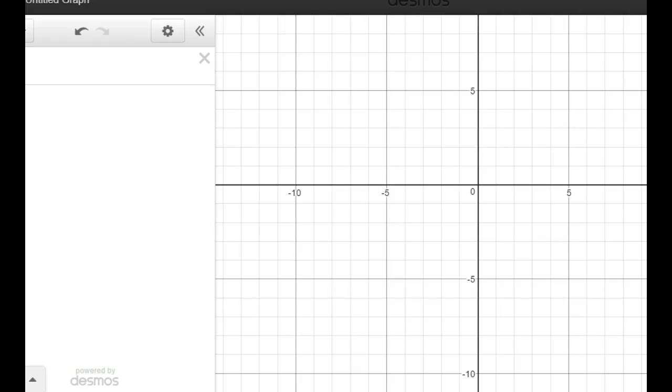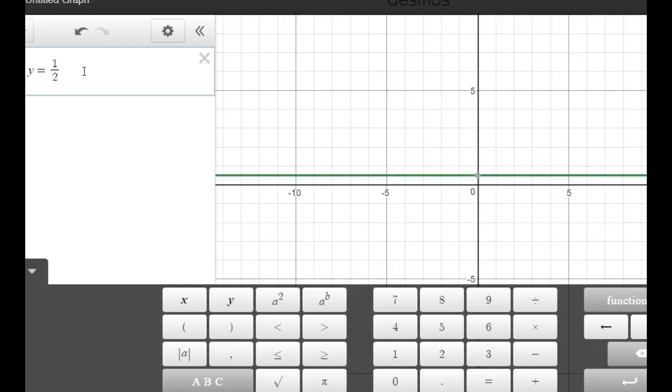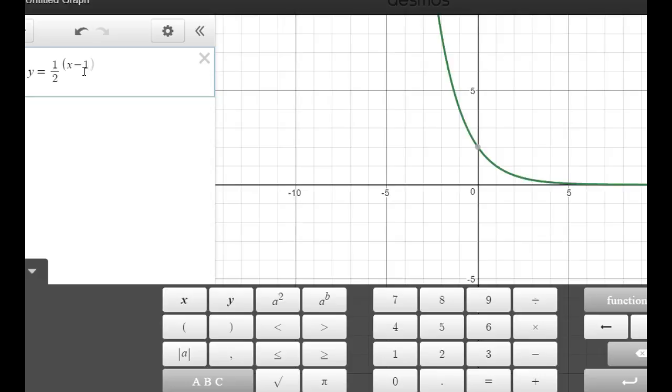Now when I go to Desmos, I type those equations in. So y equals 1/2 to the, and when I'm using exponents, I want to make sure I have my parentheses so nothing gets lost, x minus 1. There's my first equation, and my second one was y equals 7.